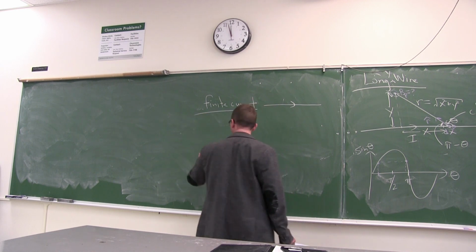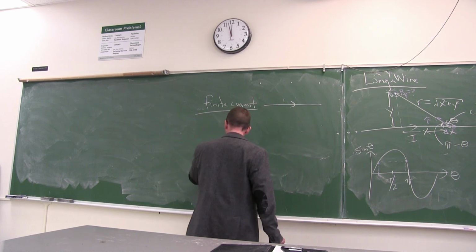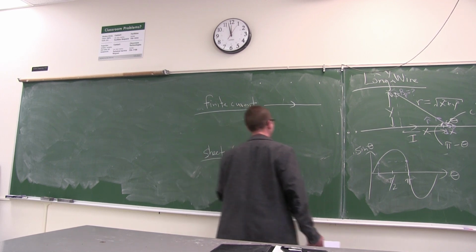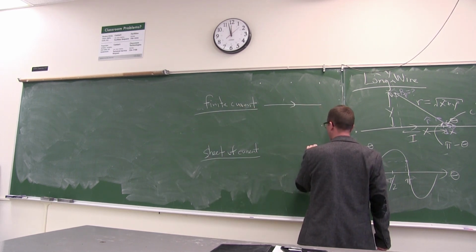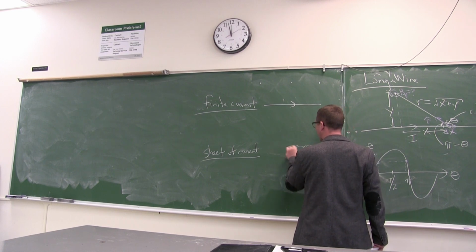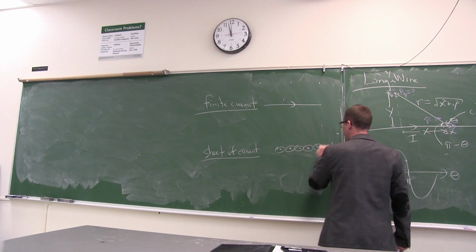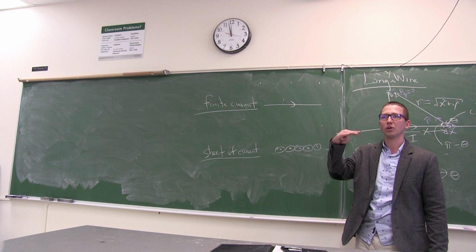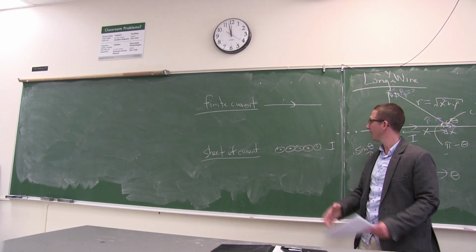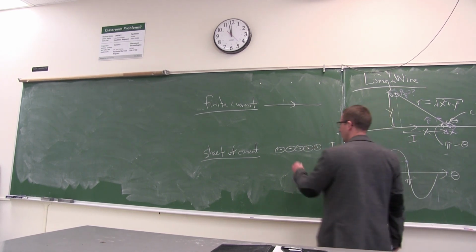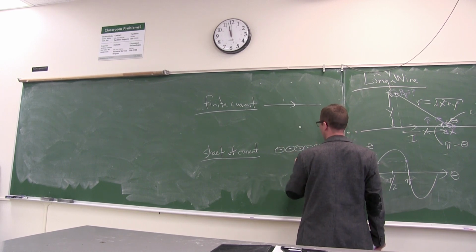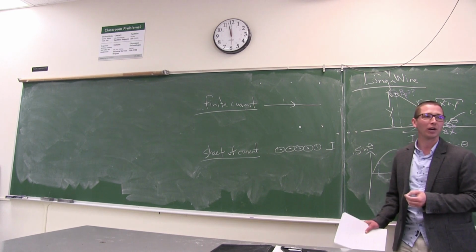You can also have a sheet of current. I'm just thinking of possible ideas here. A sheet of current would just be a bunch of individual currents coming directly out of the board, or they could be going directly up. And I could ask you, what's the field here or here around that sheet of current.